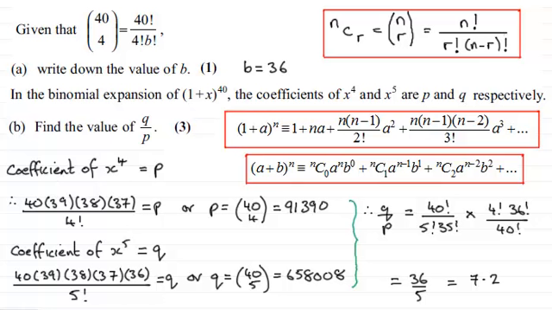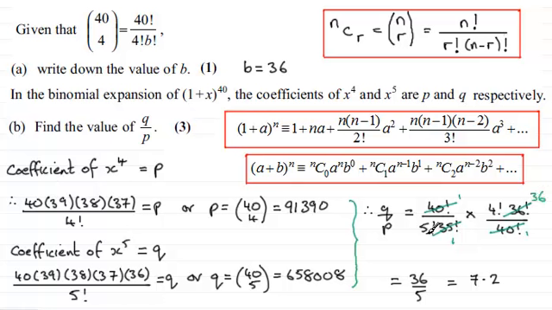Now we can cancel. 40 factorial cancels with 40 factorial here. Remember, 36 factorial is 36 times 35 times 34, etc., all the way down to 1, and 35 factorial is 35 times 34 times 33, etc., all the way down to 1. So this will cancel into 36 factorial and just leave us with 36.